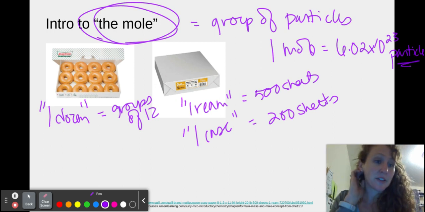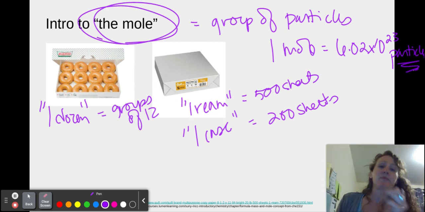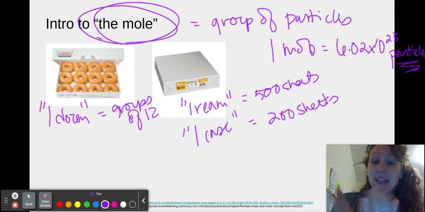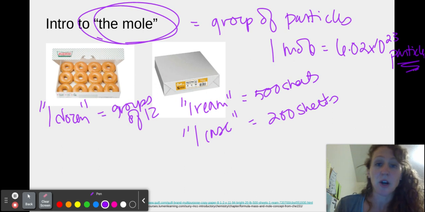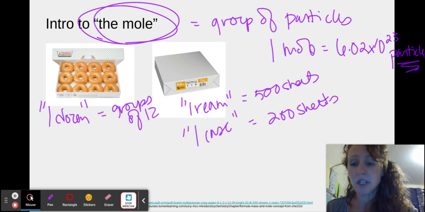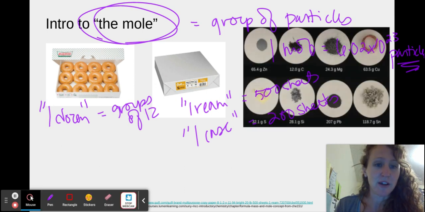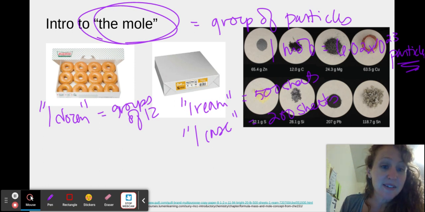Now, I say particles because particles can be anything, and that's true for all of these. If we're talking about particles in terms of chemistry, we can talk in terms of elements, like you see on the board. You can see zinc, carbon, magnesium, copper, right?